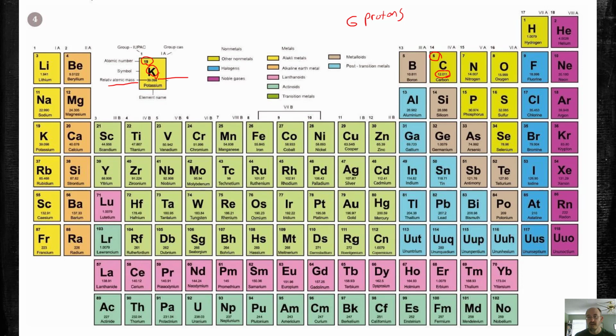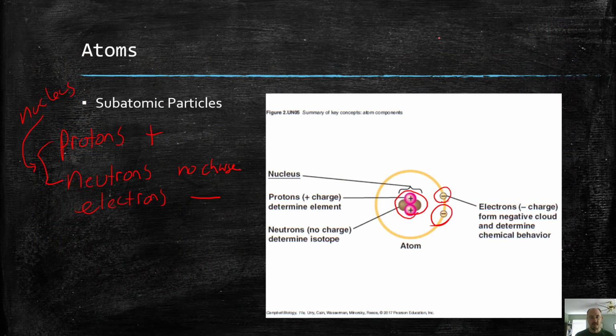So that would be 12 minus 6, so that would be 6 neutrons in this case. And if you know the number of protons, you know the number of electrons as well in your typical atom of this element. So for example, if you had six positive parts in here, you have 6 protons in here, you're going to have 6 electrons out here. So positives and negatives cancel each other out. They're an equal quantity.